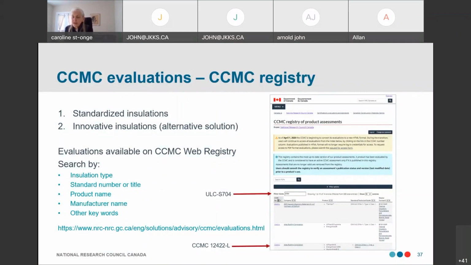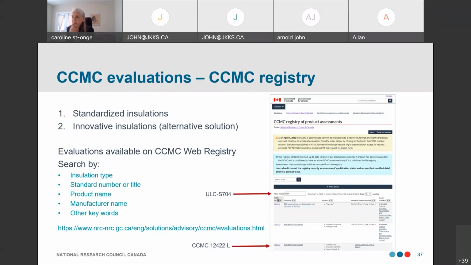It is actually the raison d'être of CCMC to assess innovative insulation. So insulation not listed under the code, when properly assessed and shown to comply with the code, is equivalent to standardized insulation, and then the authority having jurisdiction may approve those evaluations.